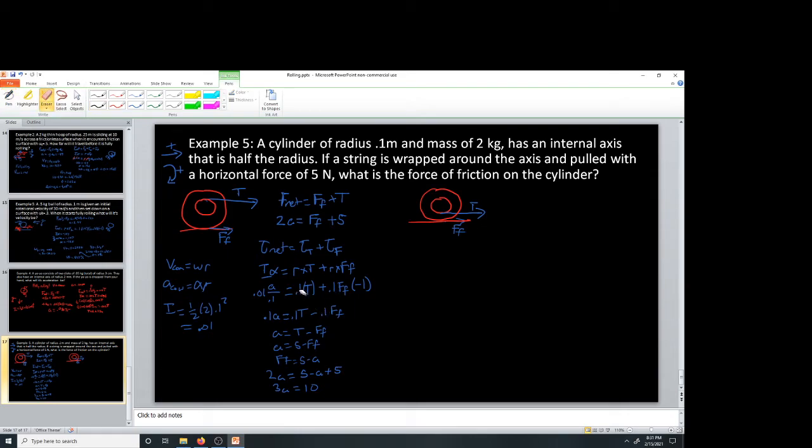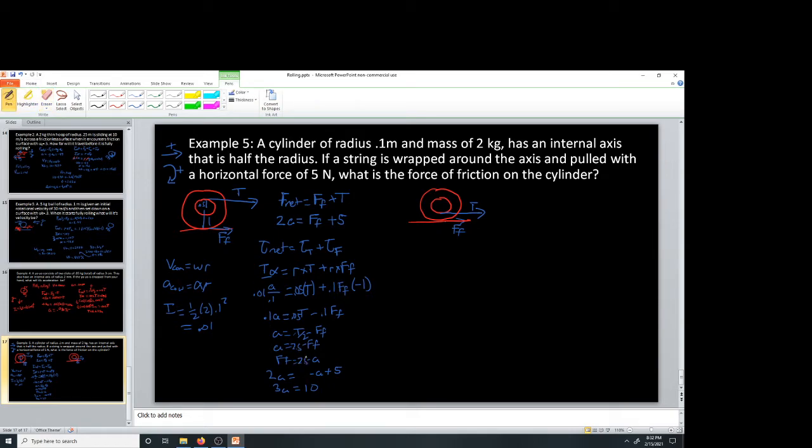This value right here, the tension is at a radius of 0.05 and the force of friction is at 0.1. So this is 0.05, which means this is 0.05, which means this is 0.5, yeah, t over 2, which means 2.5.